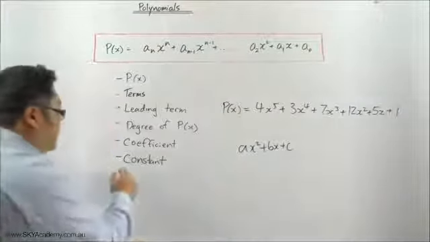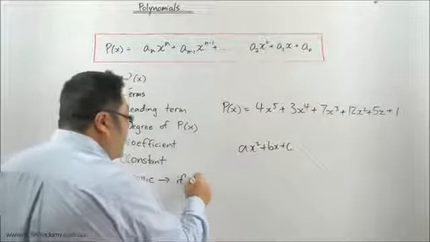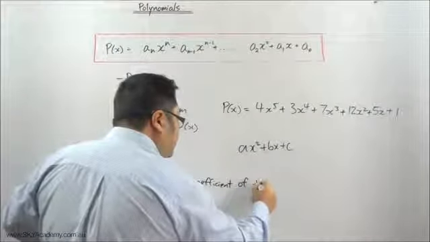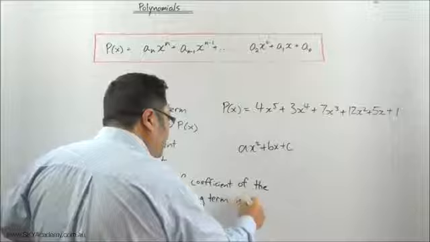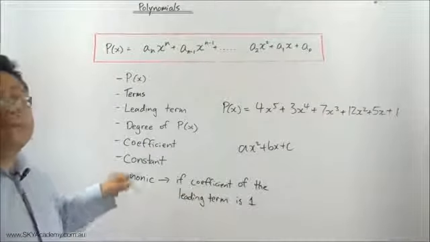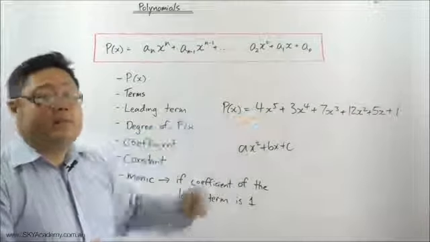It's a monic polynomial if the coefficient of the leading term is 1. So if the coefficient of the leading term is 1, then we say that it's a monic polynomial. So if that term there was a 1, it would be monic.